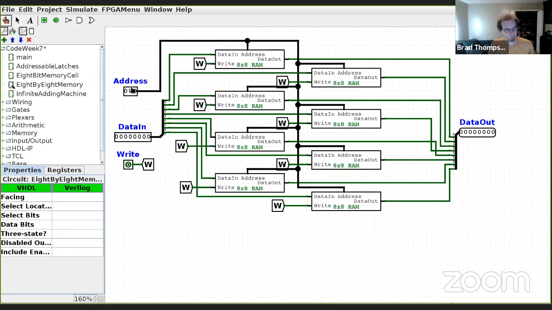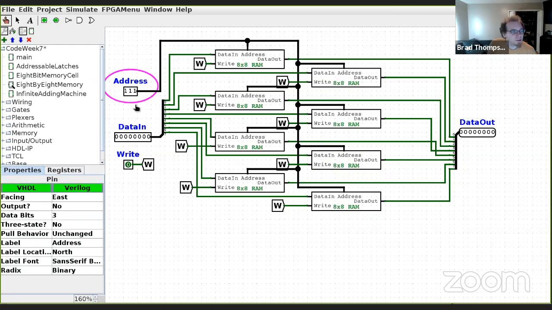So we feed in 3 bits of address, which is enough to talk to 8 different buckets of memory, and we feed it 8 bits of data. We can tell it to save that data.